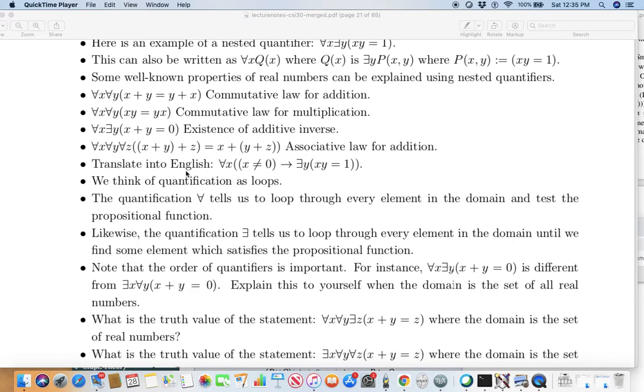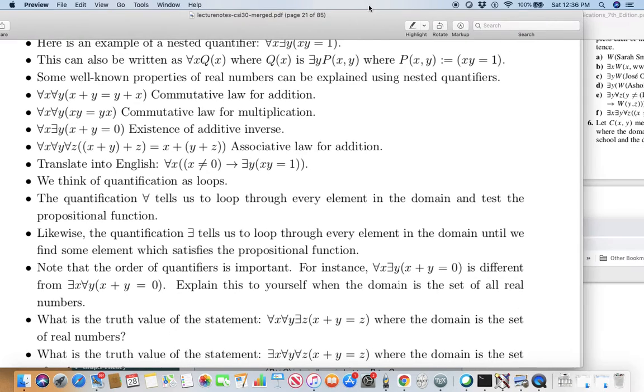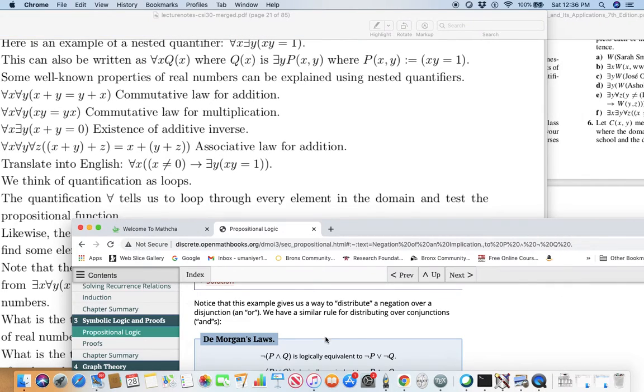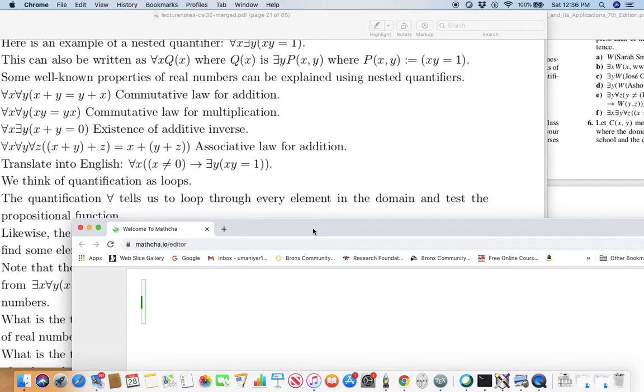Now translate into English. For every x, x not equal to 0 implies there exists y such that xy equals 1. Okay, so what I just said is the precise translation.